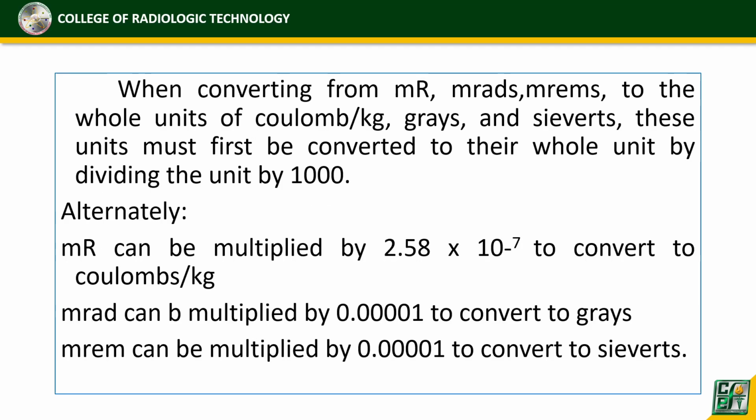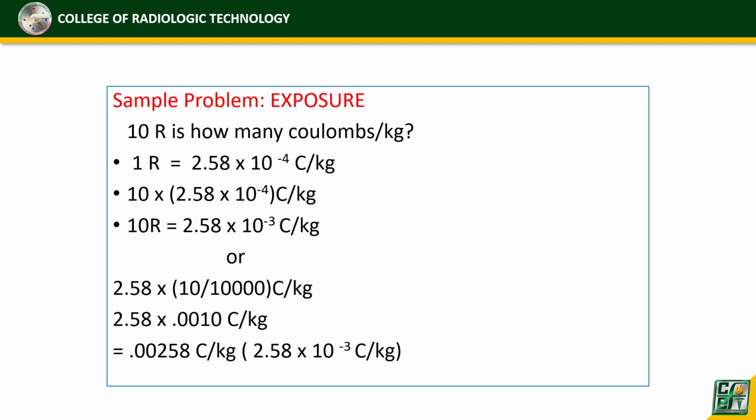Okay? Okay, so same. So, ayan. Millirad can be multiplied by 0.0001 to convert to gray. Okay?